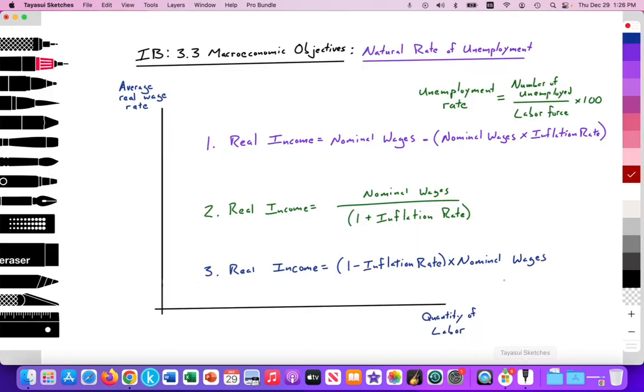So here we have three ways of calculating real income. Number one: the nominal wage minus, in brackets, the nominal wage multiplied by the inflation rate. Number two: real income is equal to the nominal wage divided by, in brackets, 1 plus the inflation rate. Or number three: real income equal to 1 minus the inflation rate times the nominal wage. Let's do that just for practice.